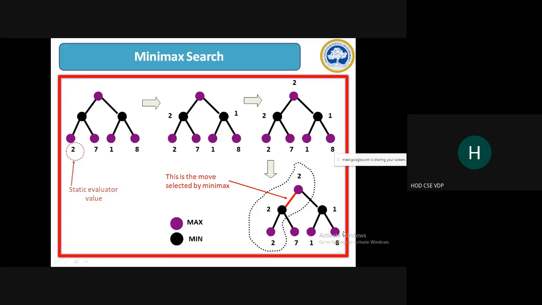Among 1 and 8, I have 1, because the black node is defined as my min node. And among these two, again I take 2 as my max node. And this is my min-max path, wherein to achieve this 2, starting from my root node, I take this particular path, that is this violet, this 2 and this 2. Okay, so this is the final move starting from my initial root node to my leaf node. So that is all about my min-max search.